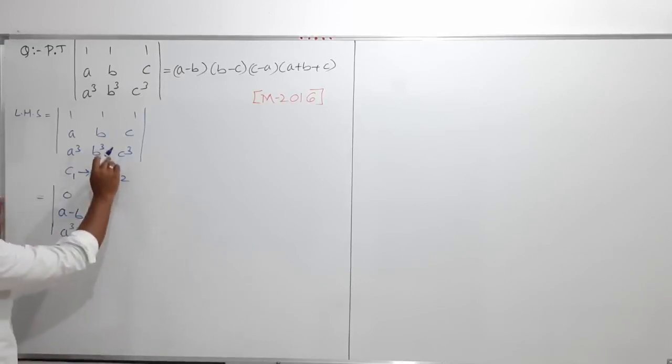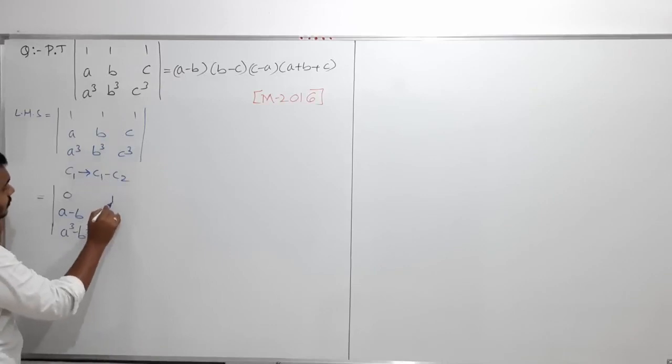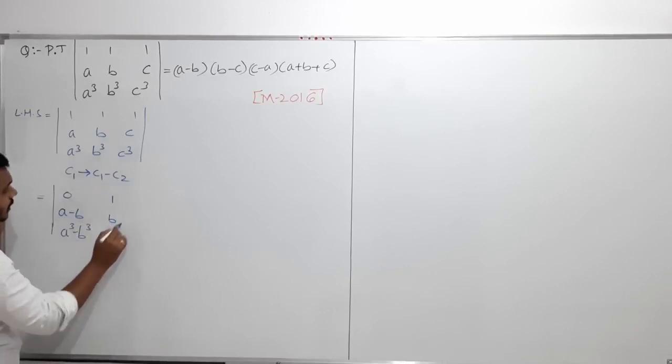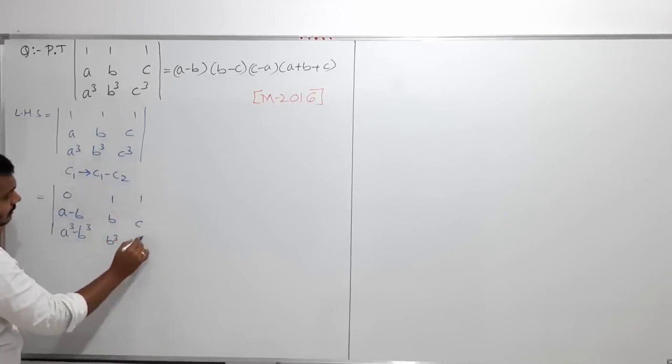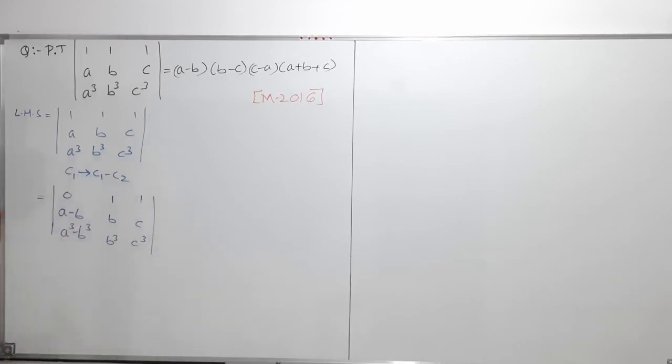The remaining elements I write as it is: 1, b cube, 1, c cube. Next I apply the operation column 2 changes to column 2 minus column 3. This column minus this column: 1 minus 1 gives 0 in this place, and this element minus this element, b minus c, you will get.